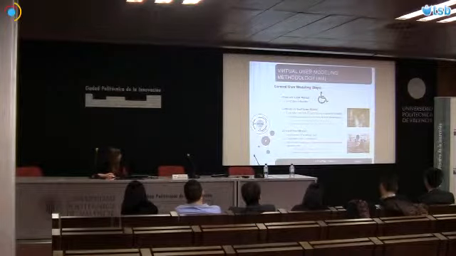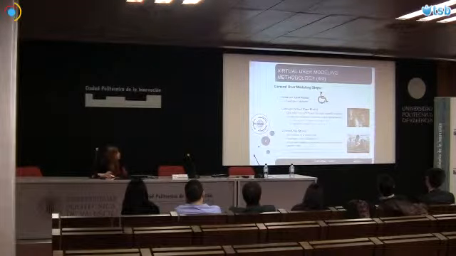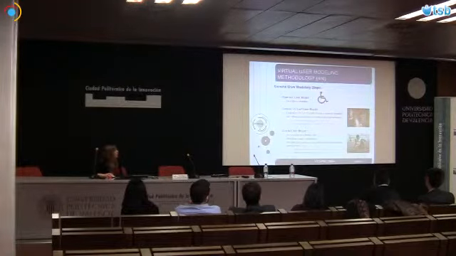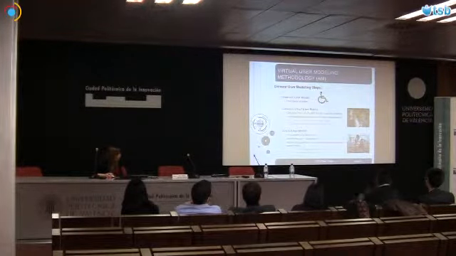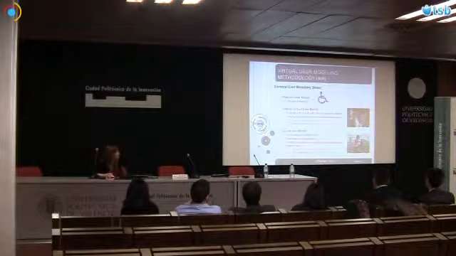A generic virtual user model mixes the abstract user model with the task model. So we will have a generic user, a group of people with disabilities. And then when we instantiate, we will have the virtual user model that is a single person with a single characteristic, with single specific values.